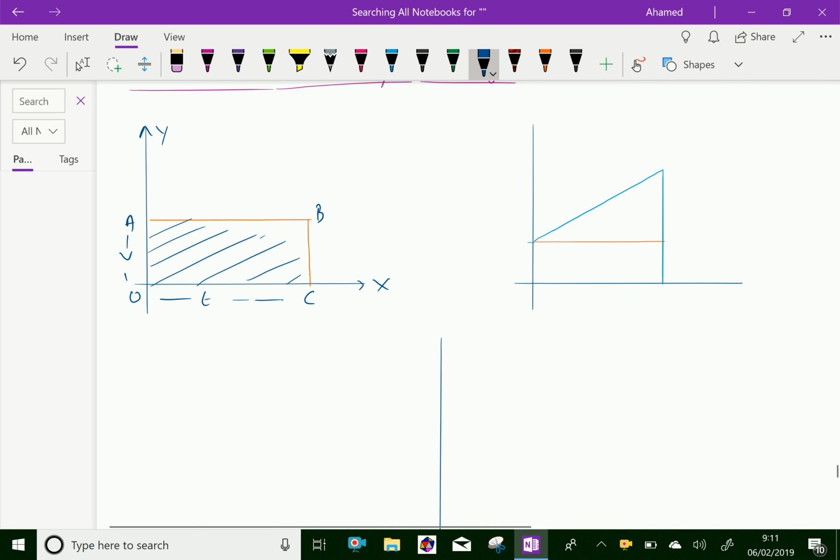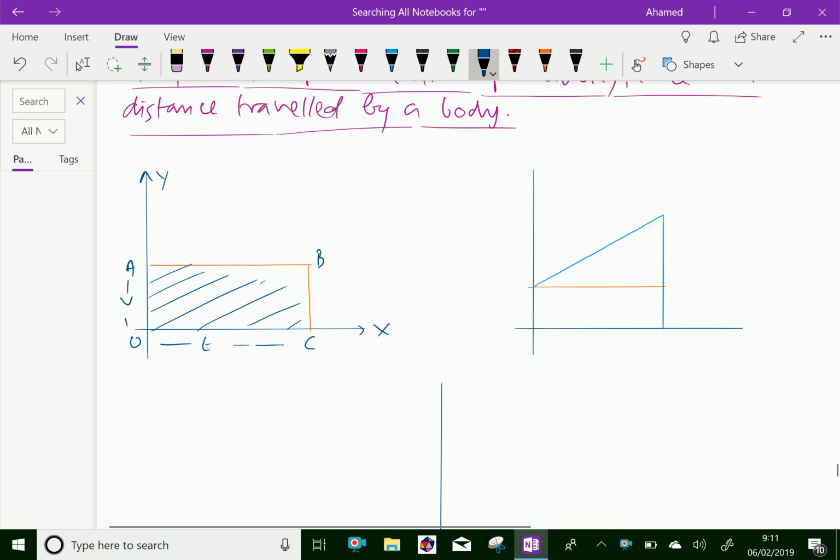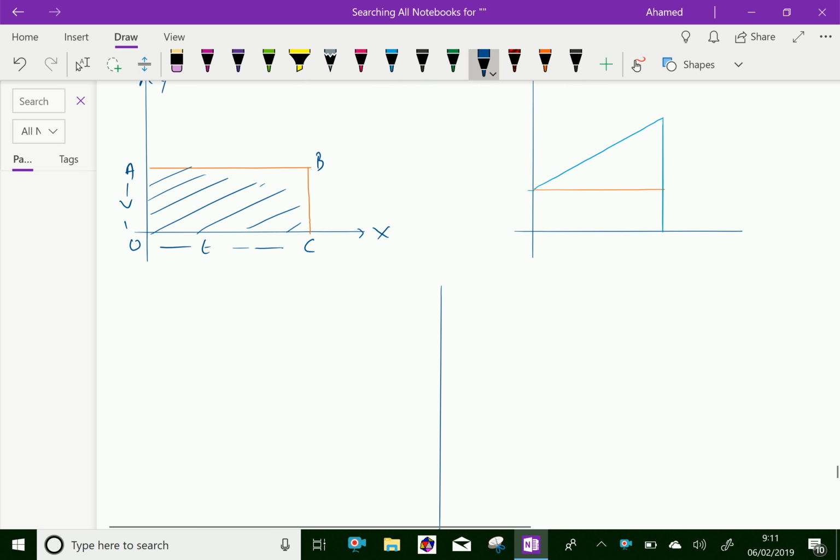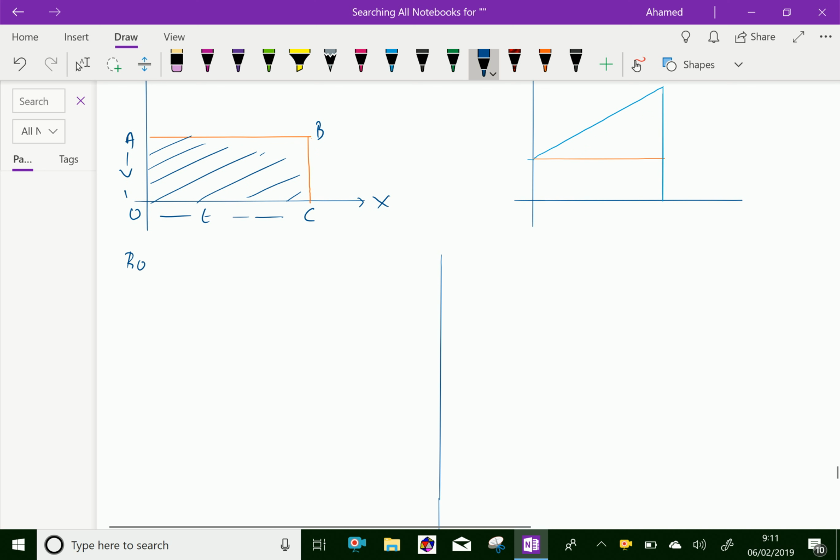This figure represents a body moving with a uniform velocity.